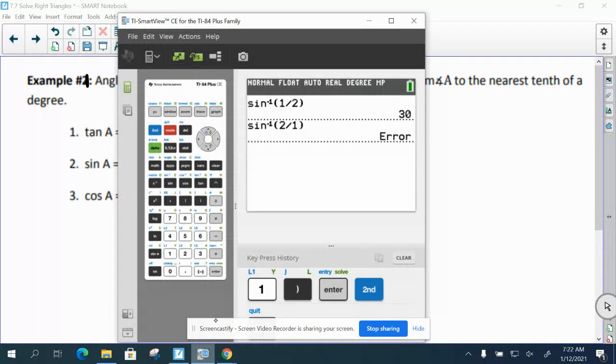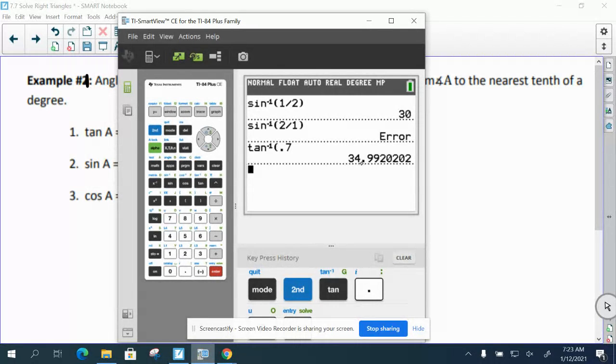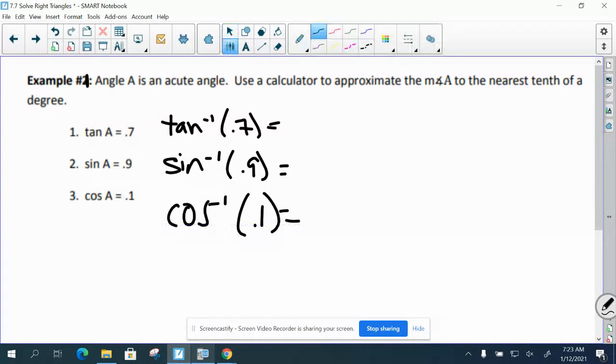All right, so let's go ahead and take our calculator. Tangent inverse, second tangent, of 0.7 gives us 35.0 degrees, rounding to the nearest tenth.